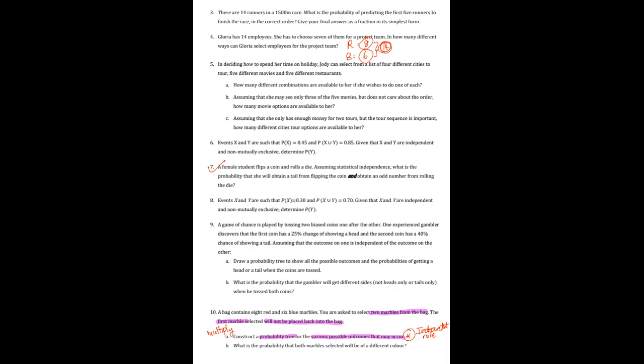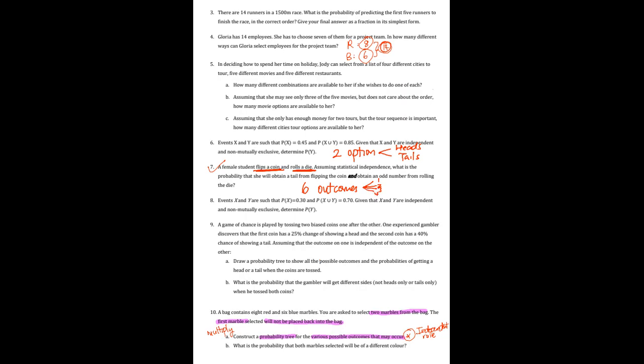Remember they said that the person is flipping a coin and rolling a dice. When you flip a coin, there are two outcomes, either heads or tails. And with rolling a dice, there are 6 possible outcomes. You can land on the number 1, 2, 3, 4, 5, and 6. So that's where the denominator of 6 comes from.